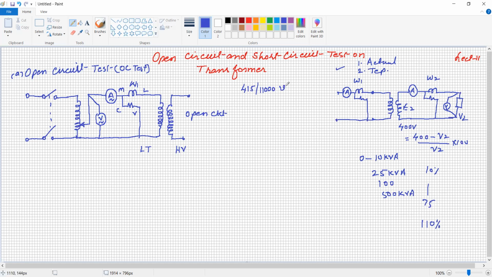This is the voltage rating of the transformer. Now suppose in the open circuit condition we are going to apply the rated voltage. If the rated voltage is needed in the lab, we have only 415 volt or 440 volt. Therefore, the 11 kV terminals are kept open. This is one reason.